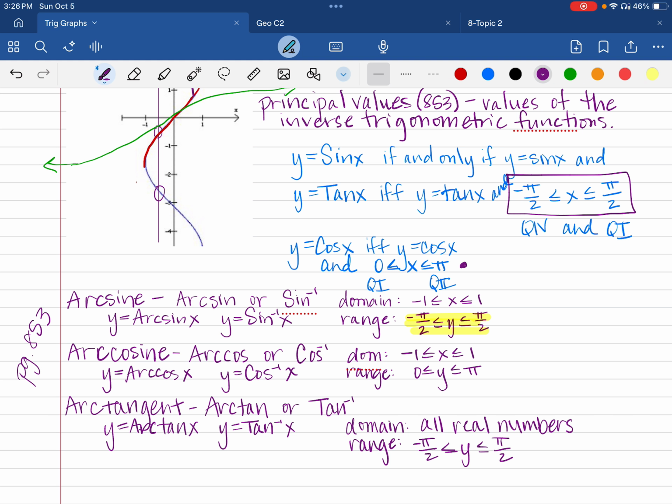Or if we're in degrees, from -90 to +90. On your unit circle, like I said above, that's going to be quadrants 1 and 4 for sine and tangent. Cosine, you're looking at quadrants 1 and 2.